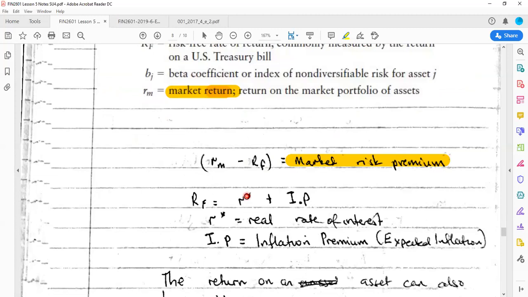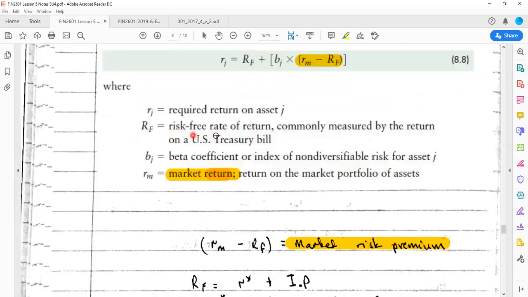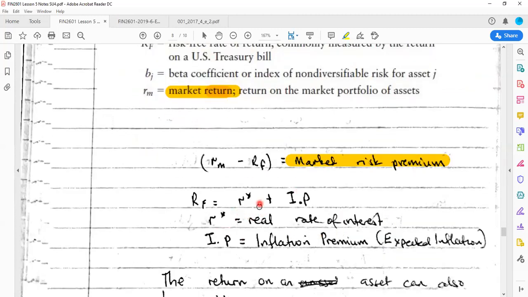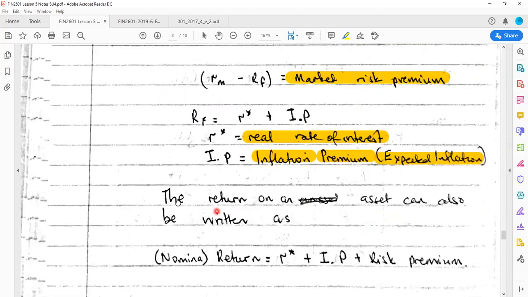Then please note this risk-free rate can be broken down into two parts. The risk-free rate is given by R star plus IP. R star is known as the real rate of interest, and IP is known as the inflation premium, or the expected inflation. So the return on an asset can also be written as follows, the nominal return on an asset.